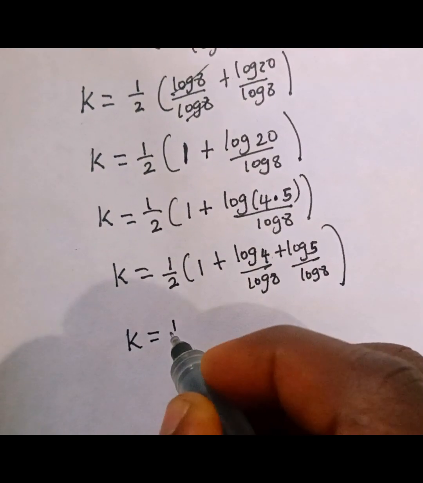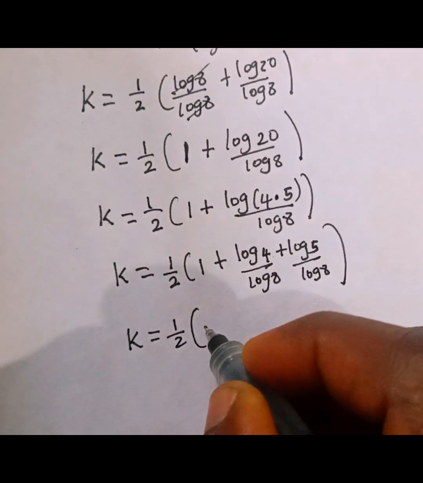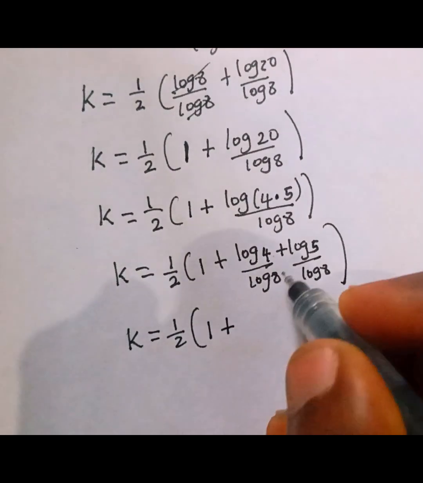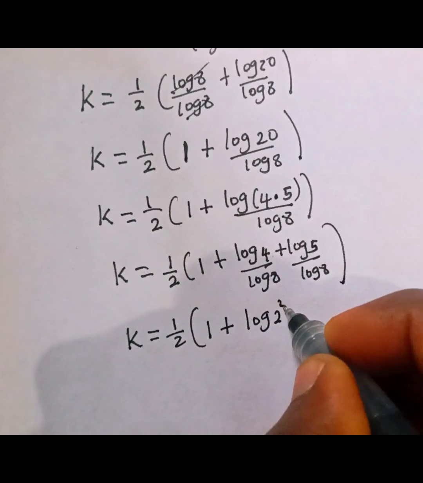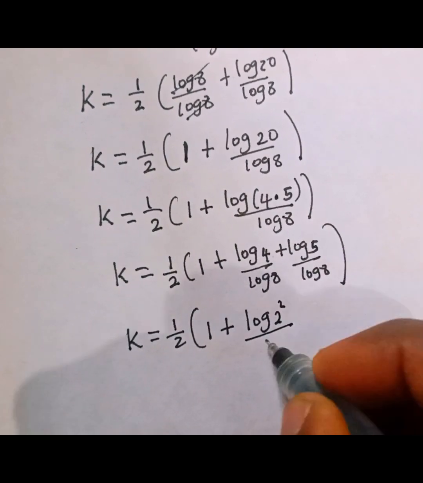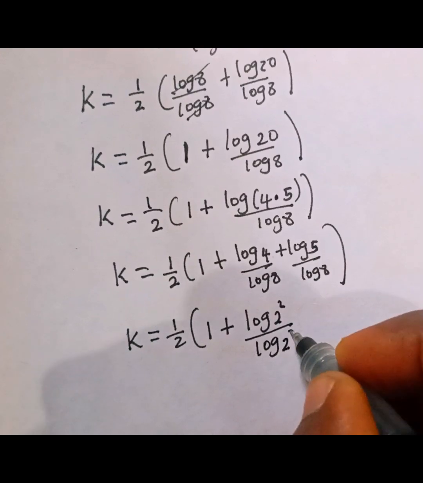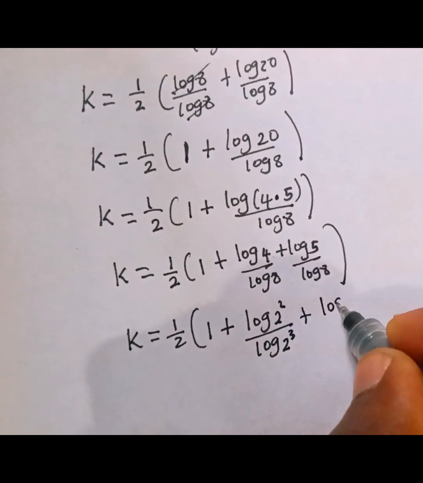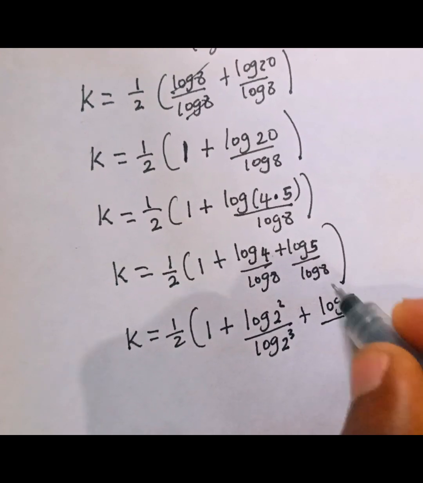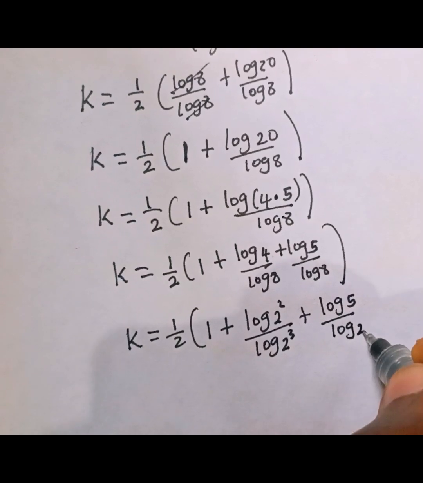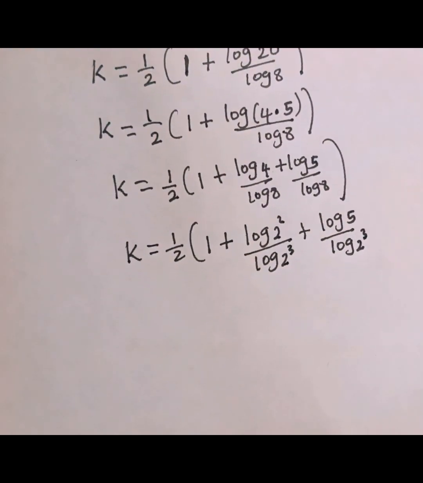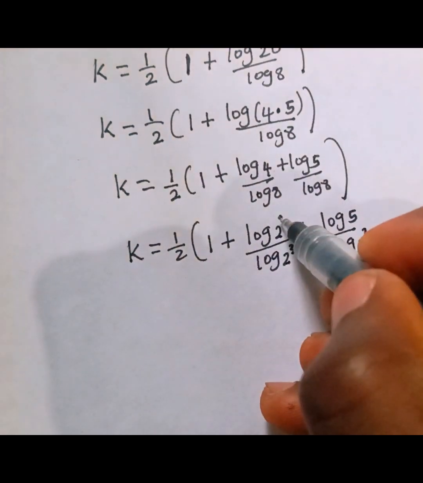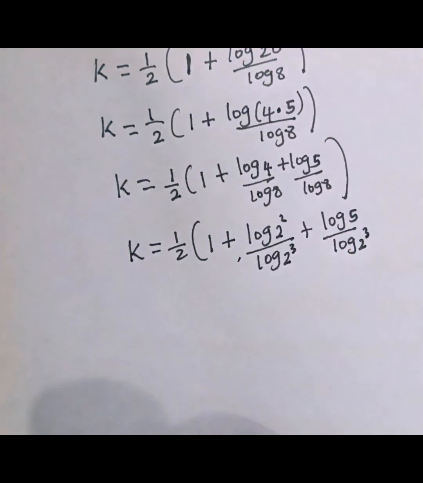This is going to be k equal to 1 over 2, open bracket 1 plus log 4 over log 8. 4 can also be written as 2 raised to the power of 2, and 8 can be written as 2 raised to the power of 3, then plus log of 5 over log 8, which can also be written as 2 to the power of 3. Now we're going to recall the power property of logarithm, whereby the power is going to come back and multiply the log.